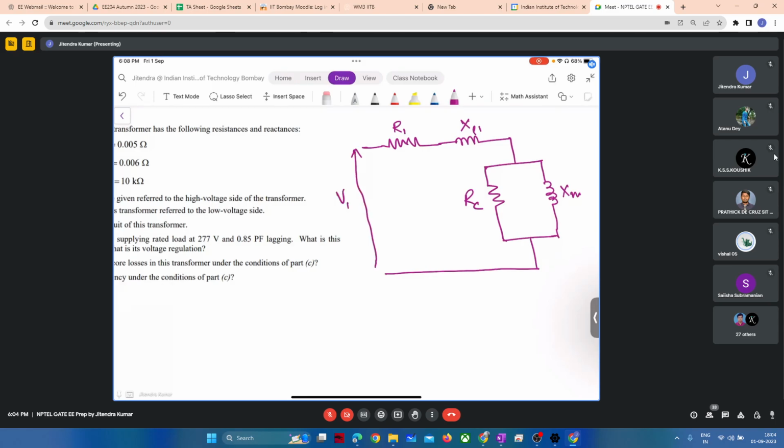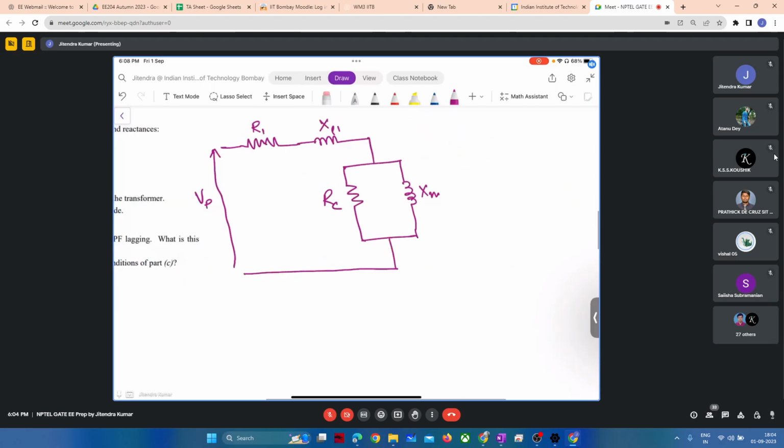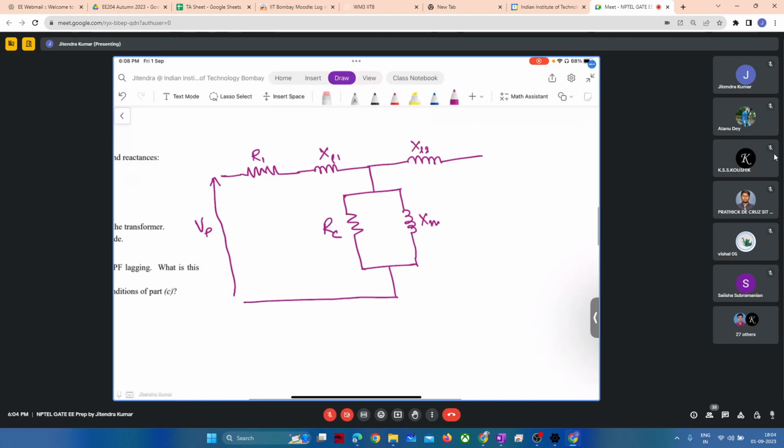Here we will supply the primary voltage. Here the leakage reactance XL2 for the secondary side and the secondary winding resistance R2. So this is what a standard equivalent circuit of a transformer looks like.